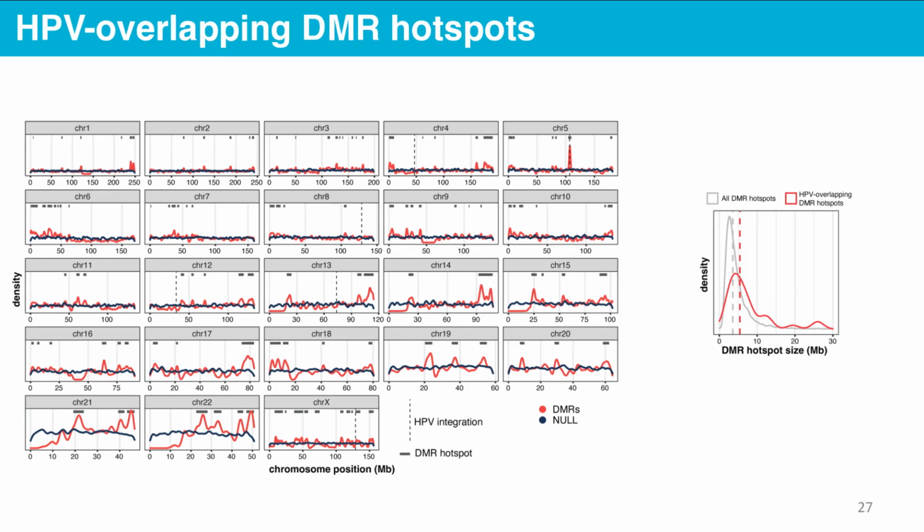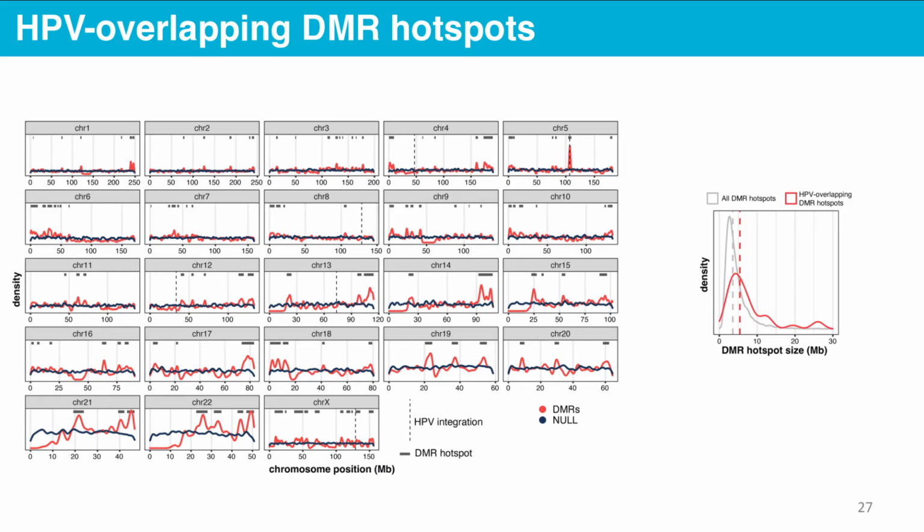Because HPV is integrated on one haplotype, it's a kind of monoallelic event in the genome, so we can utilize this differential methylation to see where HPV integration is broadly affecting the methylation of the chromosome.